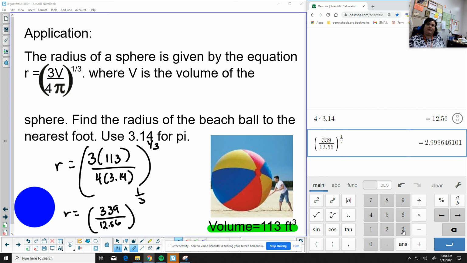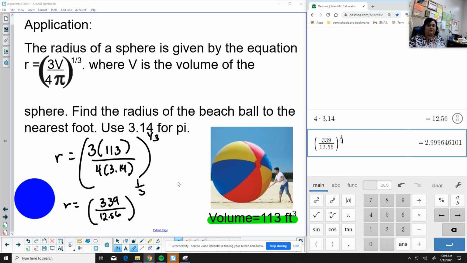And it gives me 2.9996. Does it say to round anywhere? I don't think so. So probably 3, since we rounded pi, so close to 3. So we're going to round that. We'll put approximately 3, and it is feet. So the radius of this beach ball is about 3 feet.